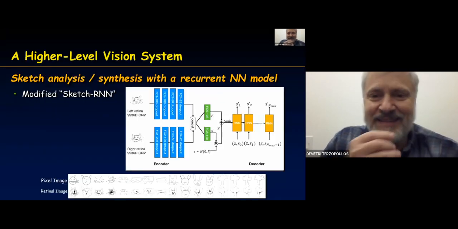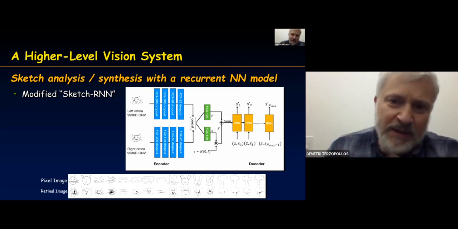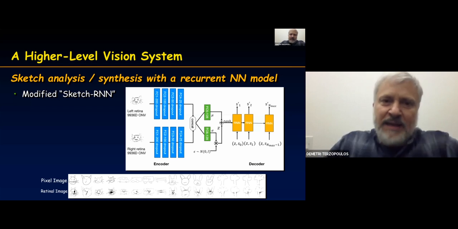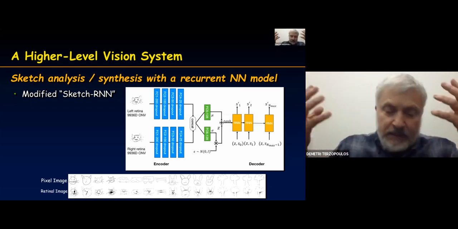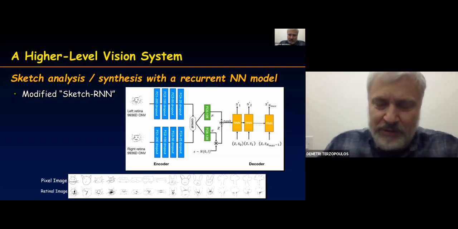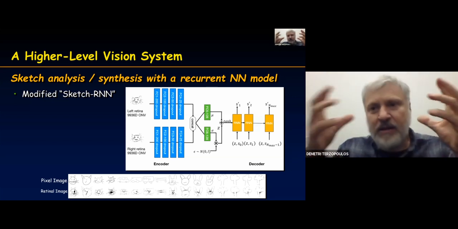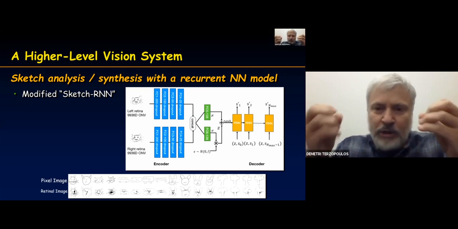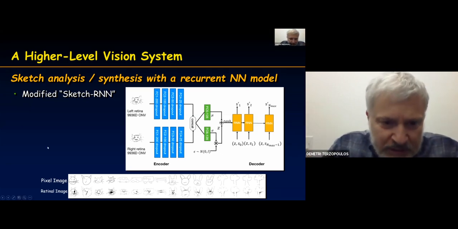So that's that demonstration. And I have one final demonstration for you, which involves higher level vision, at least some amount of higher level vision. What we were trying to do here is tackle the kind of complex problem of, can we look at a sketch? So here you see some sketches down here.